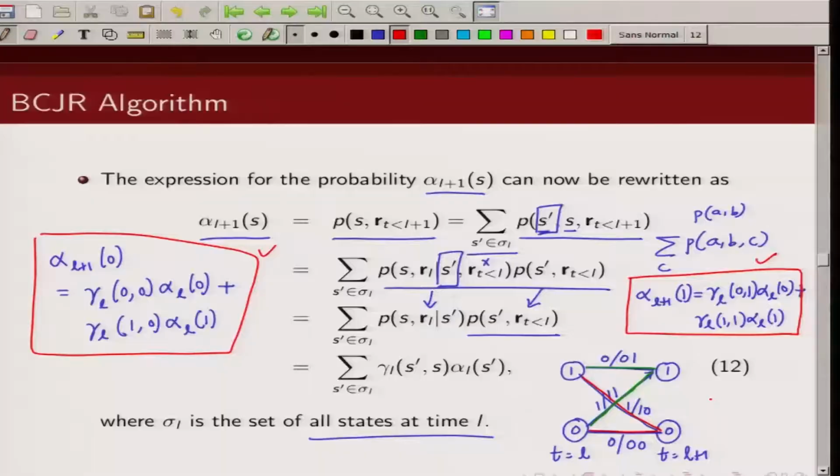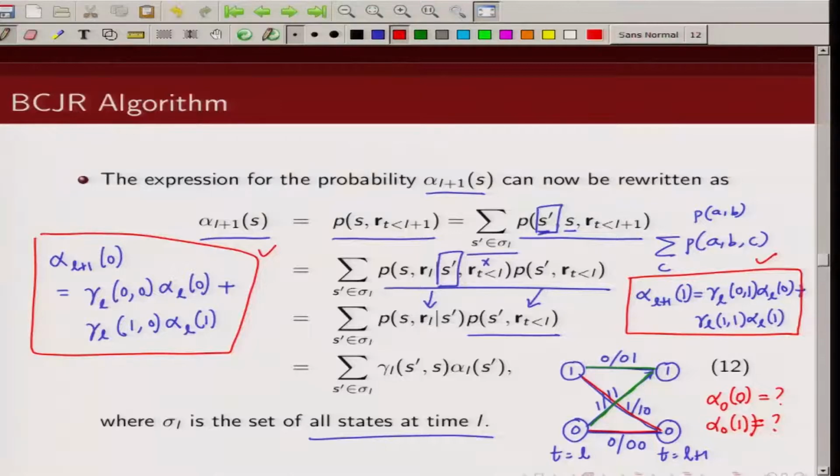So, what is the initial condition? We need to know the value of alpha 0 for the different states, for state 0 and state 1. Now, note that initially we assume that the encoder is in the all 0 state.